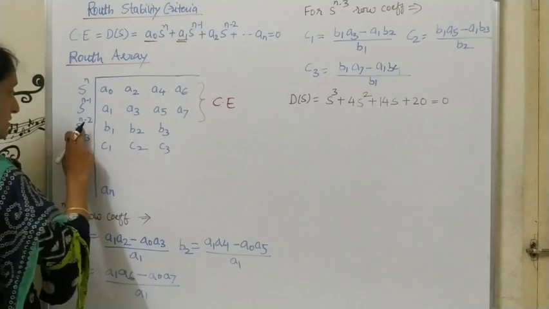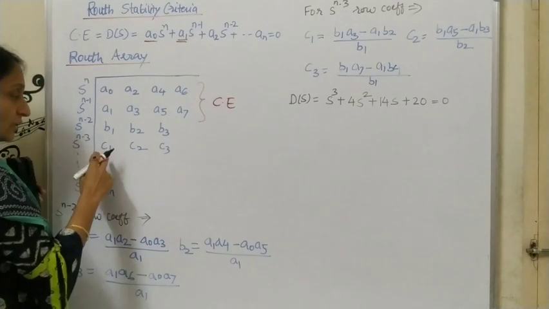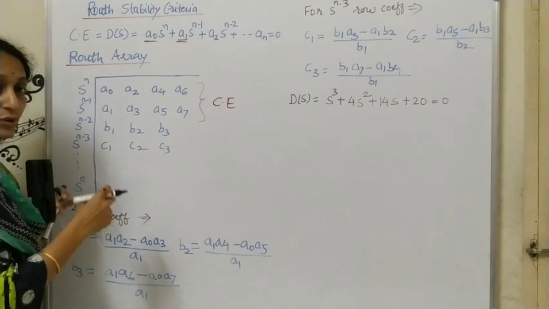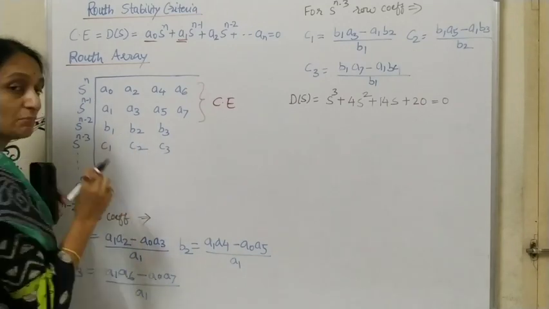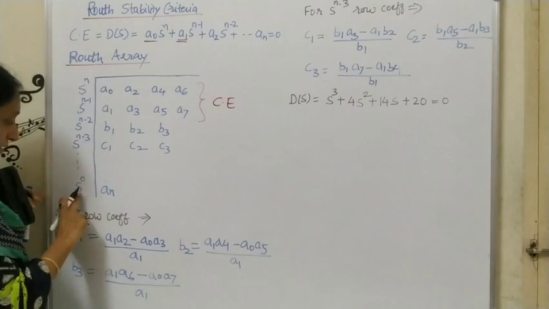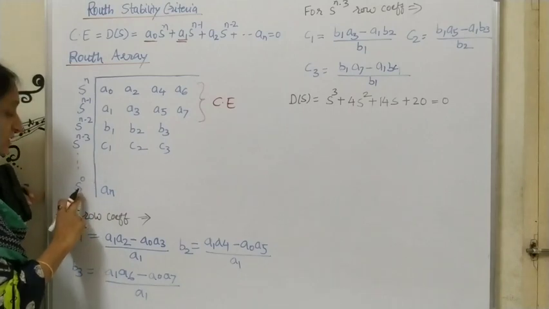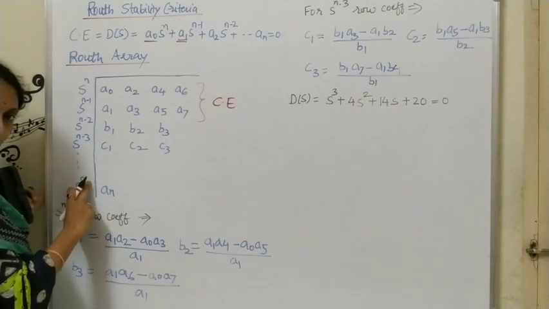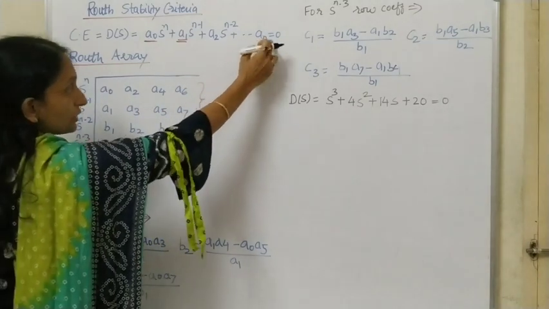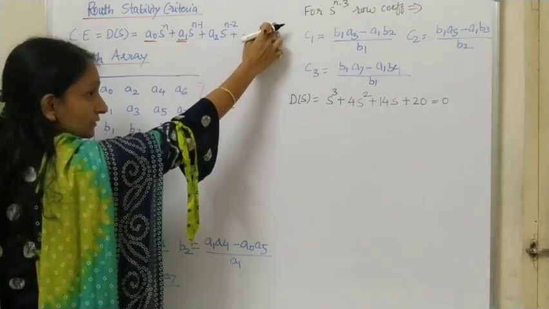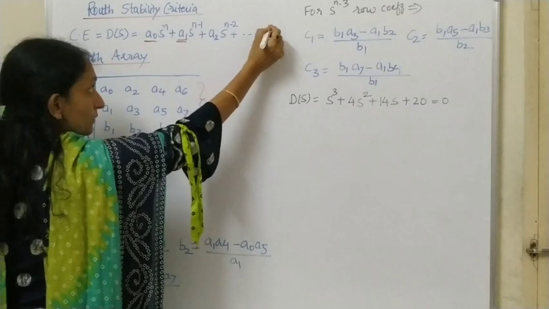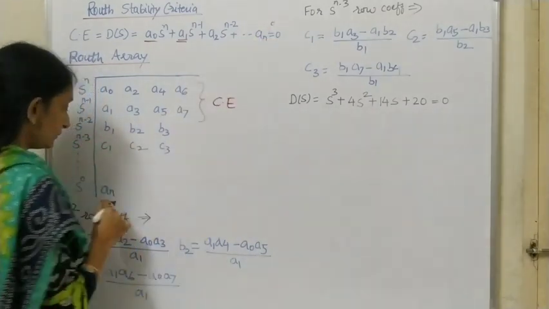Next we need to obtain the coefficients of the remaining rows. But see here, the last row is actually s raised to power 0. Here s raised to power 0 is 1, so the coefficient of s raised to power 0 is a_n.